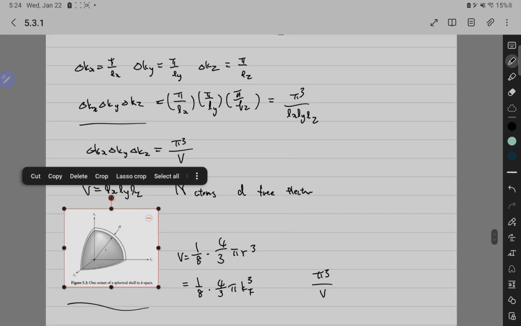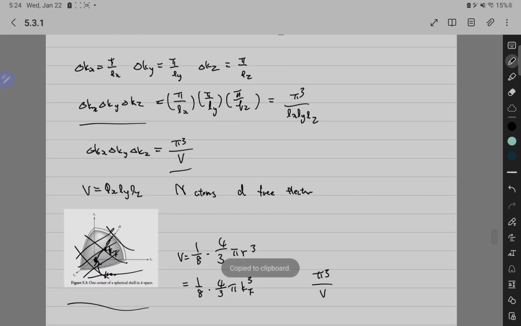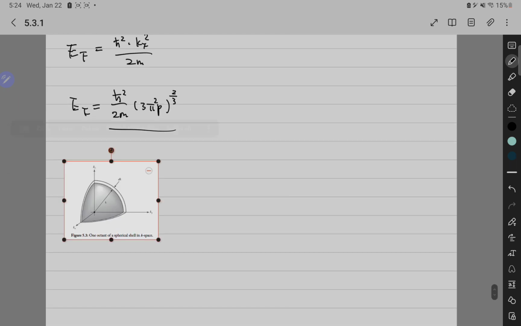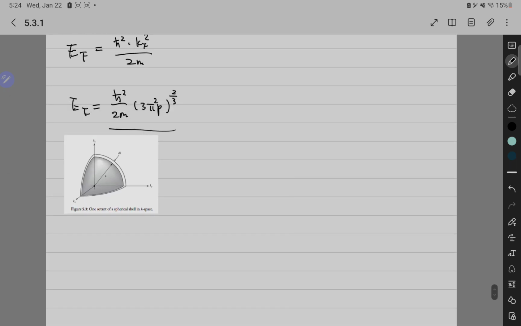if you have one octant, I'm just going to copy this image and paste it down here so it's more intuitive. So we can draw on this a little bit to show what's going on. We need to consider a thin spherical shell in k-space, with radius k and thickness dk.